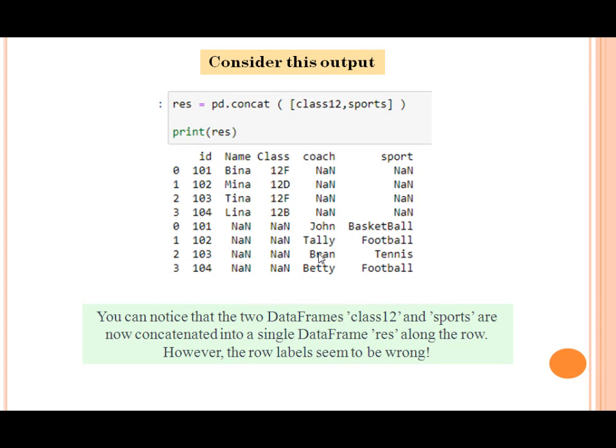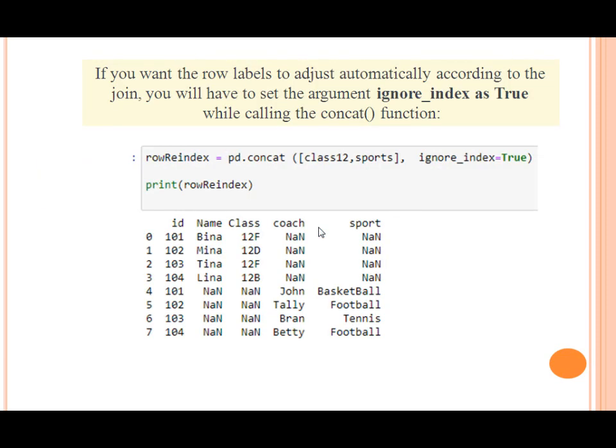Clear? So the wrong thing in this is that the row labels are wrong here. You have to rectify these row labels because row labels are referring to the index number and index number should be in sequence always. Clear? So if you want the row labels to be adjusted automatically, children, you have to use this ignore_index parameter equals to True.